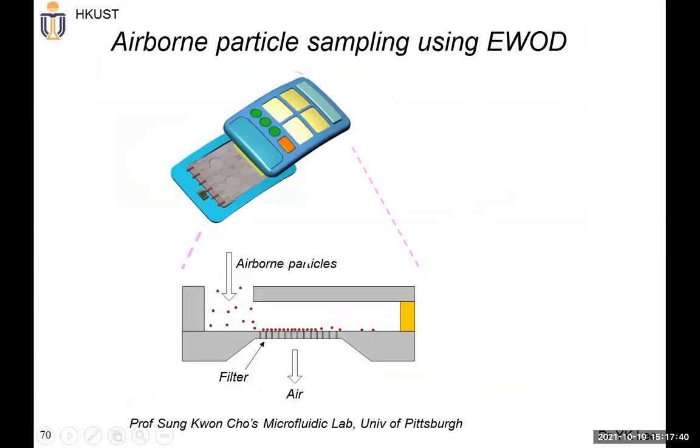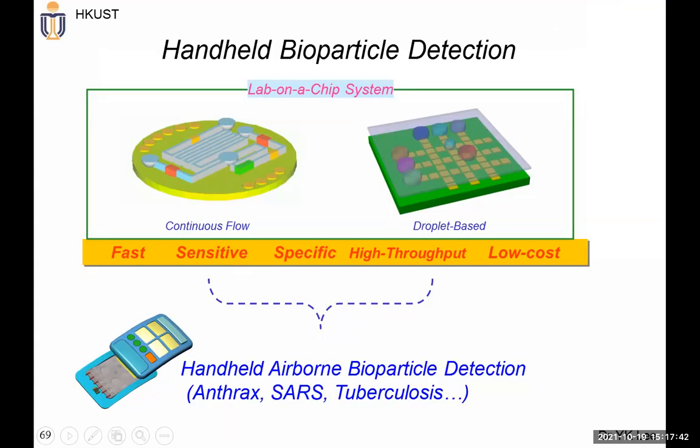Here I just show what I showed last time. Basically it consists of two important technologies. You need some micro filter to filter the virus or bacteria suspended in the air. And once you filter, you use an electrowetting-based droplet to sample and capture those pathogens, the virus and bacteria.